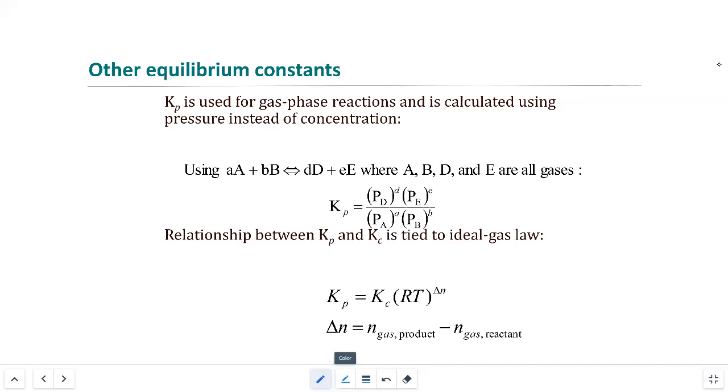And so all that really changes is, instead of concentrations here, we're doing P. P is the partial pressure of each one of these substances.